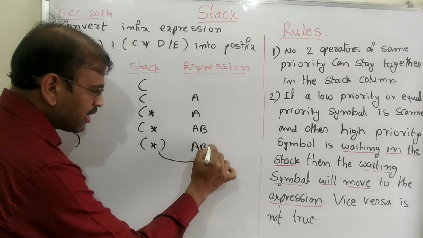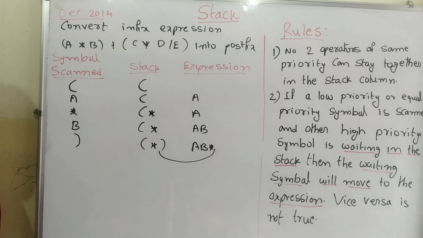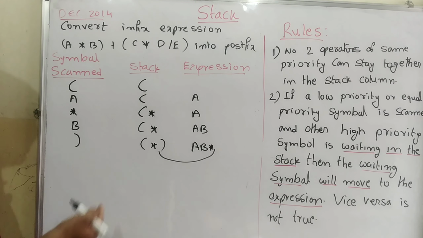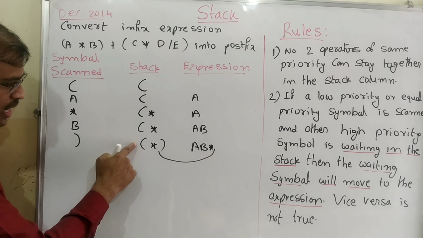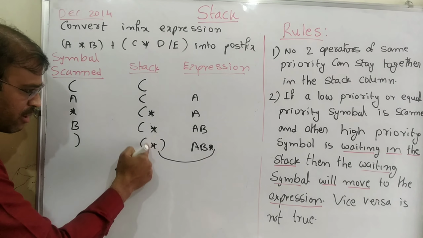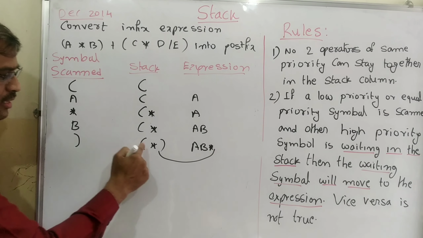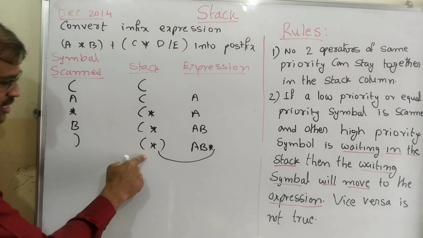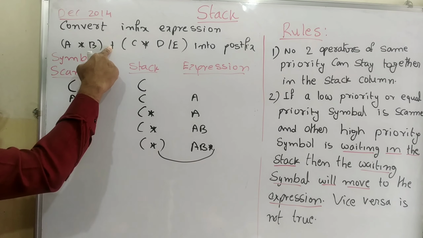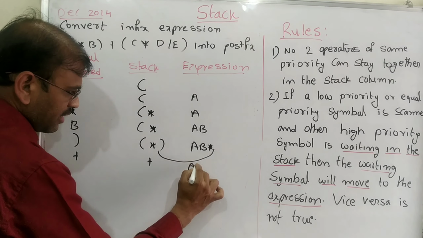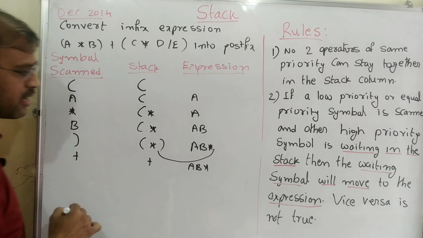So that means the multiplication you will get here, and the stack becomes empty. Whenever the opening parenthesis and closing parenthesis appear, any symbols in between will move to the expression directly. So now the stack is empty. What is the next symbol? Plus. So the plus sign I am writing here, AB multiplication.